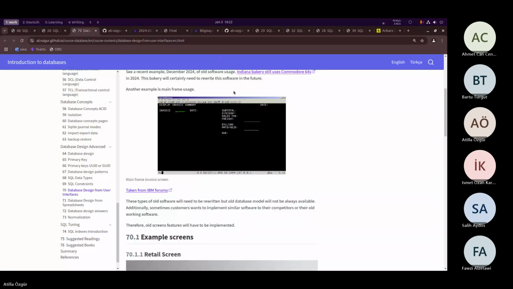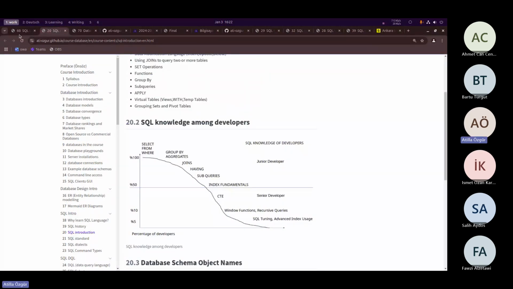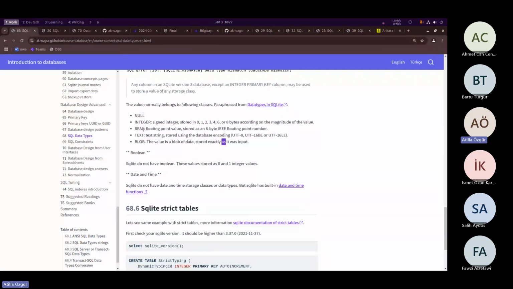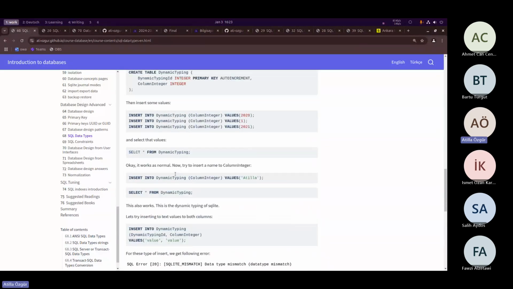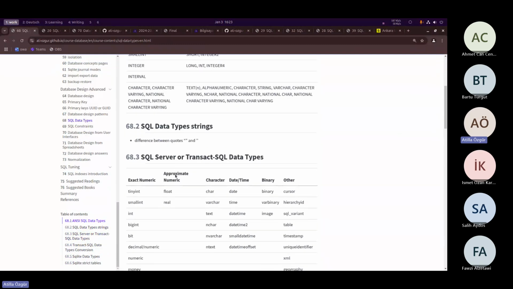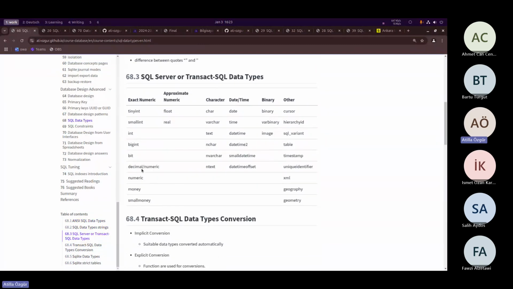Decimal numbers. But here, if we are working with SQLite, normally, if we are working with SQL Server or Oracle, we have decimal, numeric, exact numeric types.